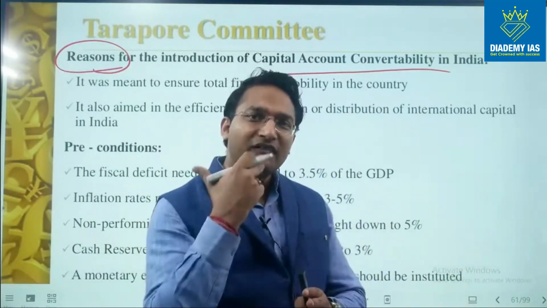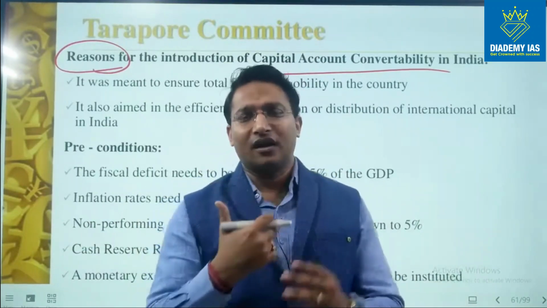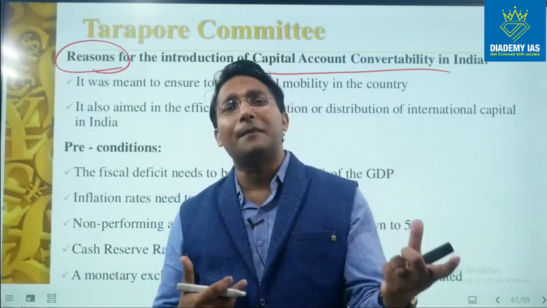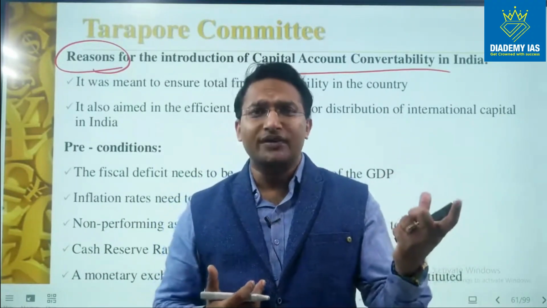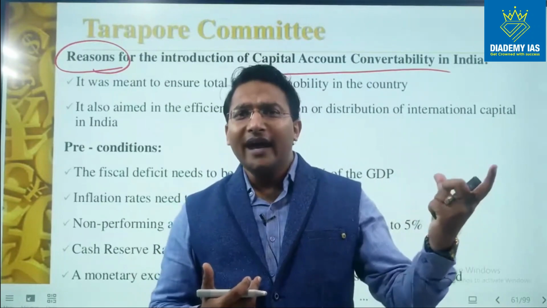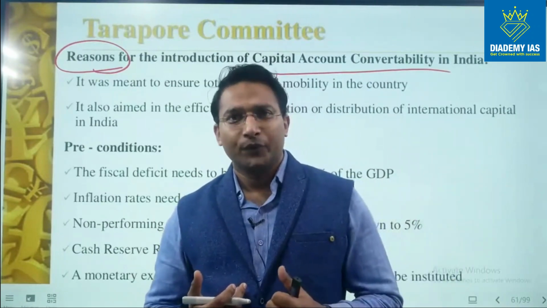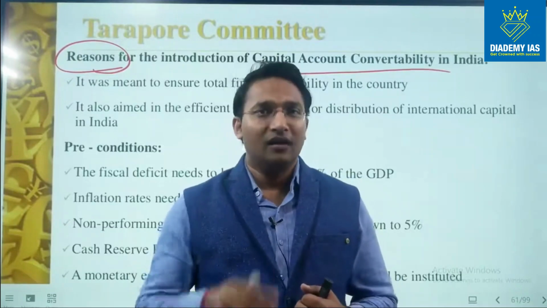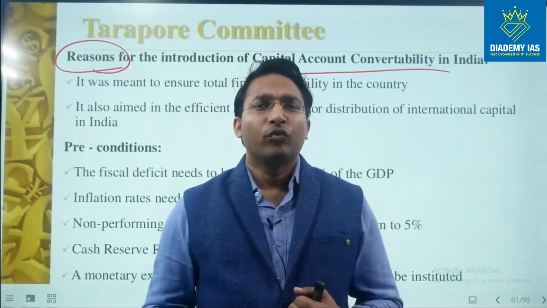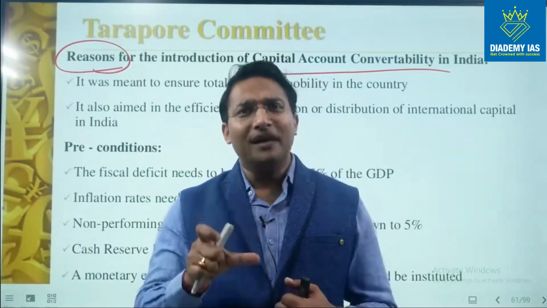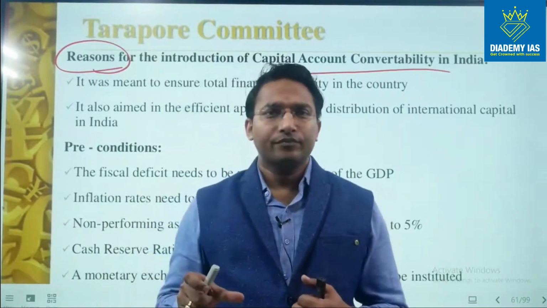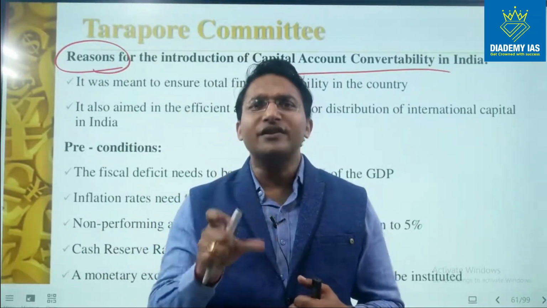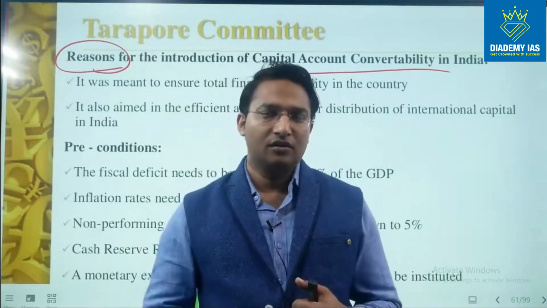So we require money from foreign countries, the countries which have surplus capital, countries like USA, UK and other European countries. So first thing is that more and more money can come into India. The second aspect is India being a developing country, the cost of funds here is very, very high.